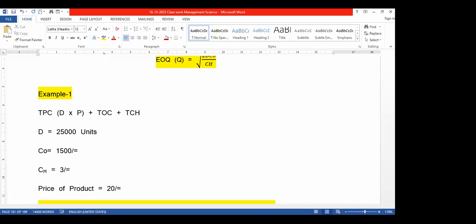How much total ordering cost? This is only 5 lakhs. Right? Total ordering cost, how much? Total holding cost, how much?